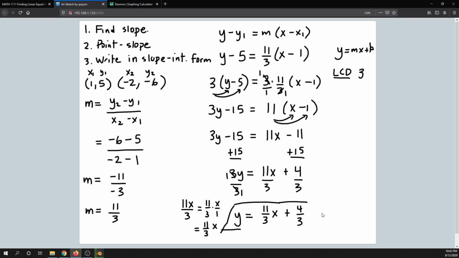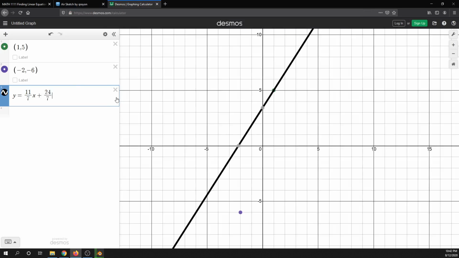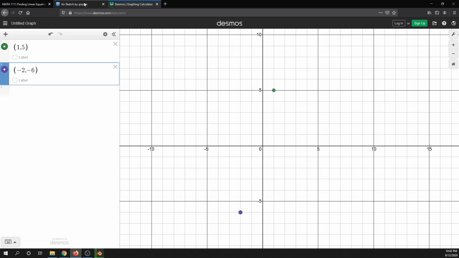Now just to show you how that looks in a geometric sense, I can graph these 2 points out: 1, 5 and minus 2, 6. I already had those graphed out.